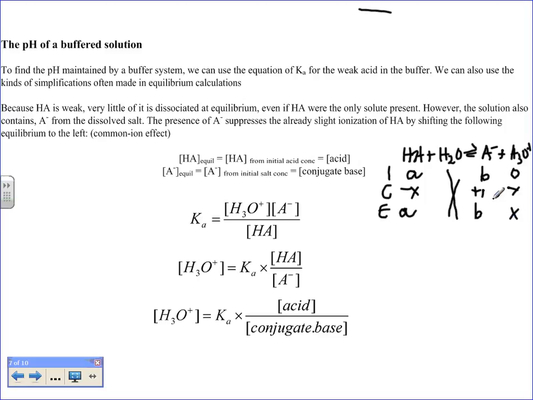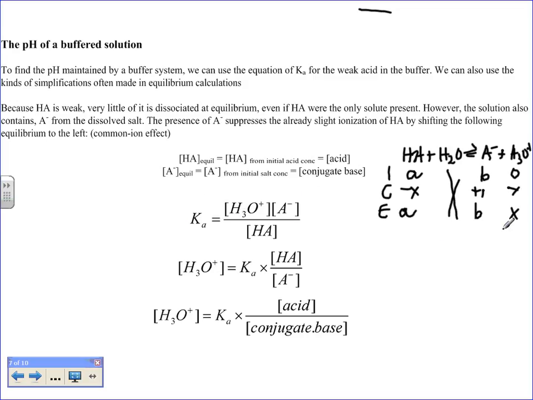So this is a very important point here, that the concentration of HA at equilibrium is equal to the concentration initially, and we're just going to call this, therefore, the concentration of the acid, which is really this A here. A minus, we're going to call that the concentration of the conjugate base.